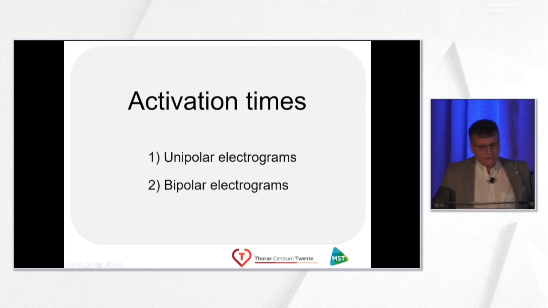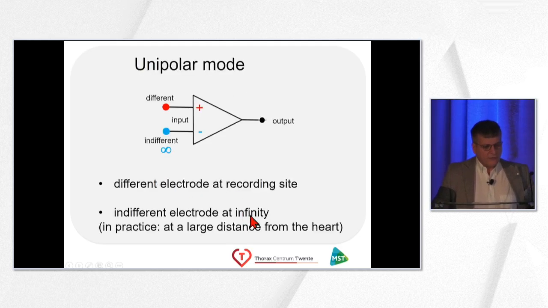So how can we use this to determine activation times? Well, there are several methods, and we'll first concentrate on the unipolar and later on the bipolar electrograms. If you want to record a unipolar electrogram, you connect your mapping catheter or your electrode of interest to the positive input of your amplifier, and you call that the different electrode, and the negative input of your amplifier will be connected to an indifferent electrode.